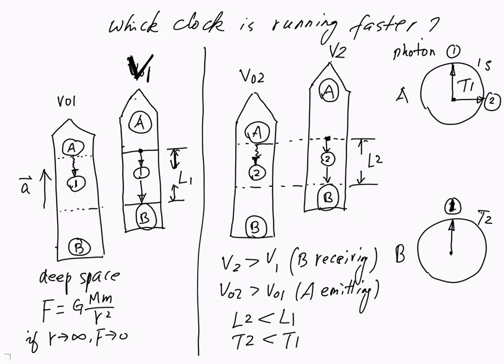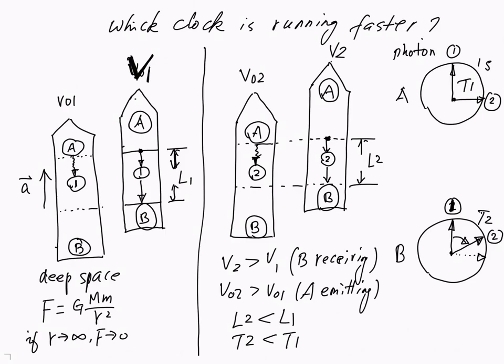That means if I go back to clock B, instead of receiving photon 2 here, it should receive photon 2 here, and T2 is a fraction of the original T1.